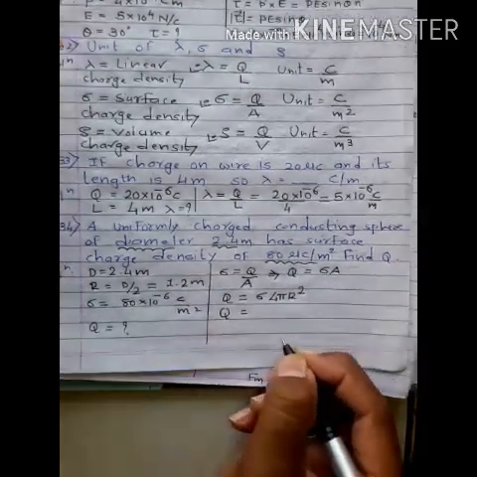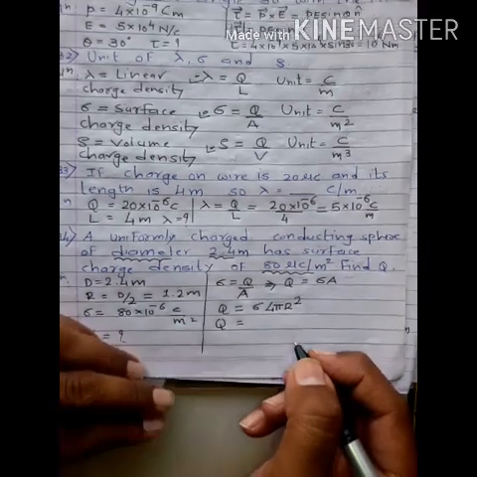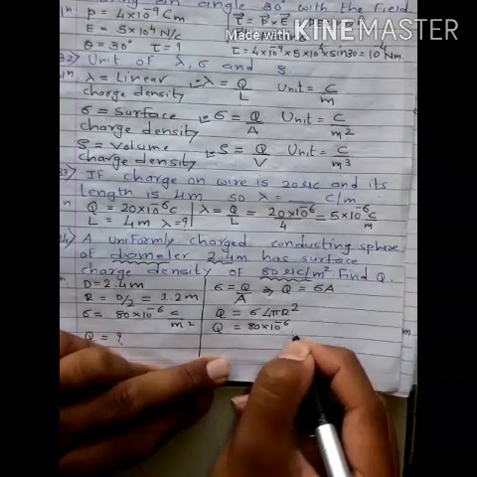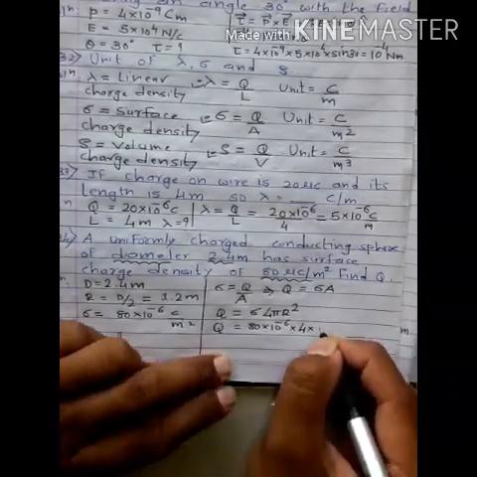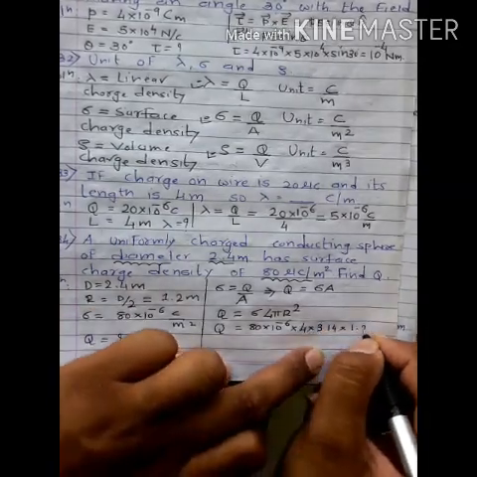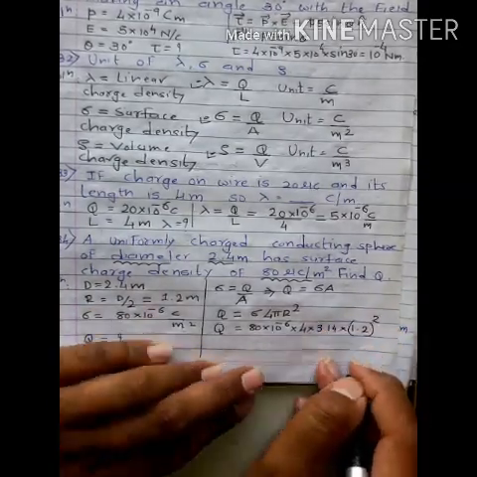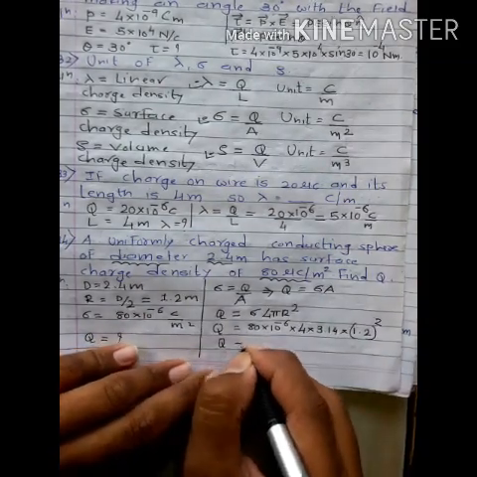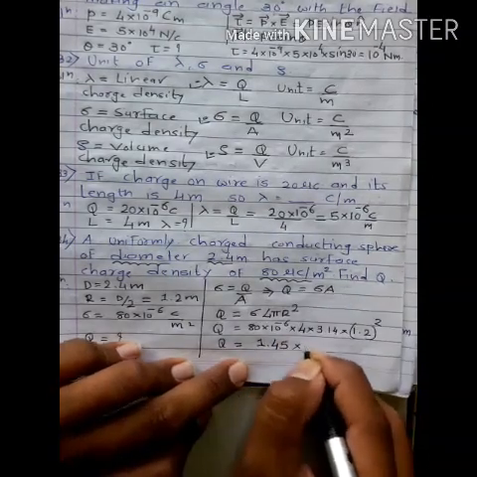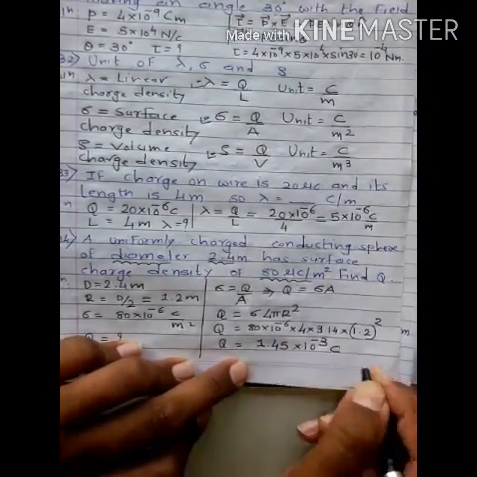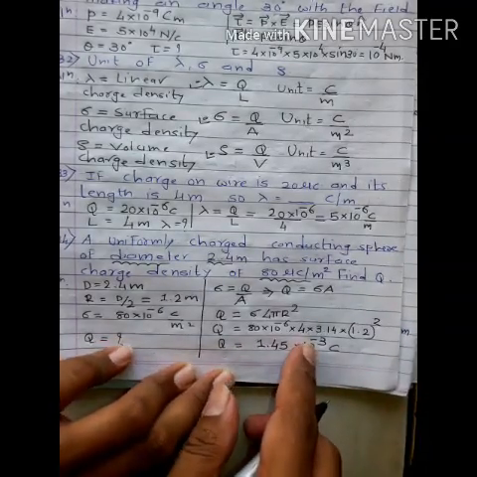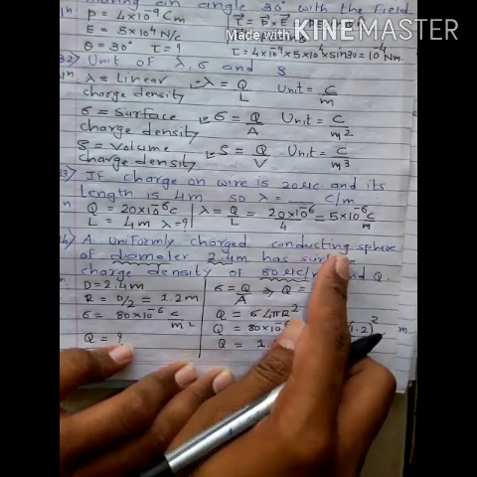So Q is equals to sigma. The value of sigma is given 80 into 10 raised to minus 6 into 4 pi. Pi means 3.14 into radius, square of radius 1.2 whole square. Clear? Solve these equations. So your answer is 1.45 into 10 to the power minus 3 coulomb. So this amount of electric charge is uniformly distributed on conducting sphere.